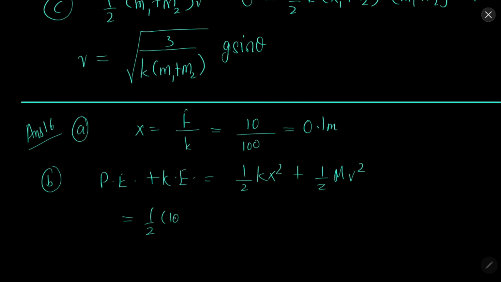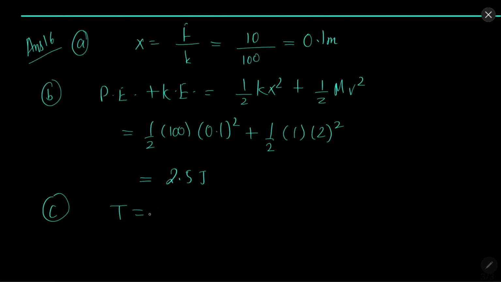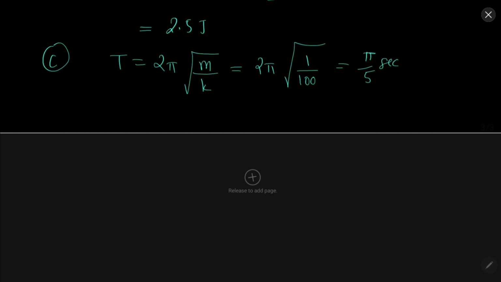So half into 100 into 0.1 square plus half into 1 into 2 square. The sum will be 2.5 joules. Time period is 2 pi root m by k, so 2 pi root 1 by 100, which is pi by 5 seconds.